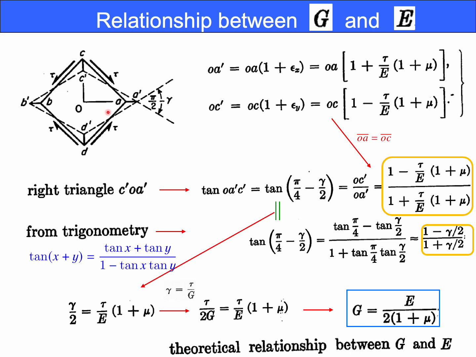Therefore, the length OA prime equals OA times 1 plus epsilon x equals OA times 1 plus tau over E times 1 plus mu, Poisson's ratio. Also, we observe OC prime equals like this. Okay?